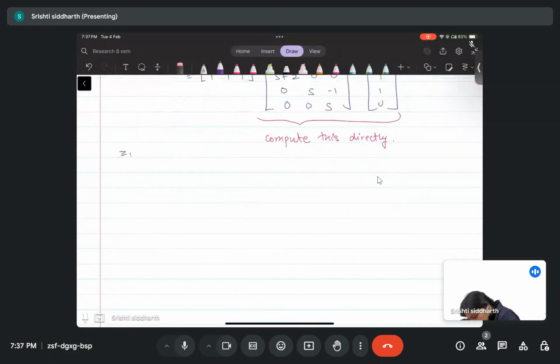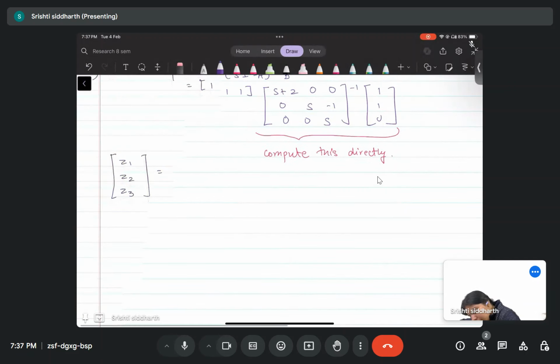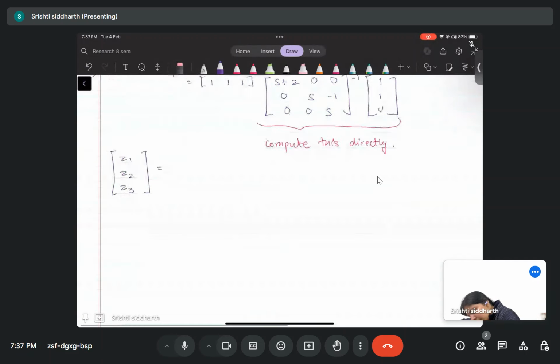Say this is a 3 by 1 vector denoted by Z1, Z2, Z3.